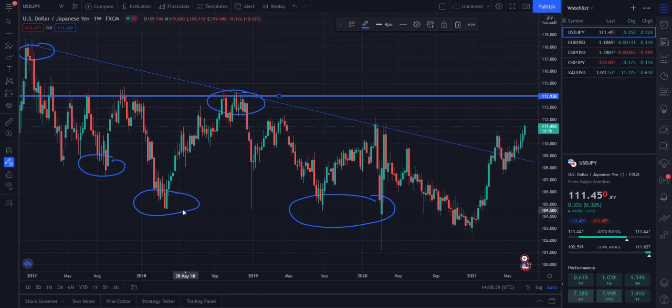So let's draw our support line. So this was support, and it has been acting as very strong support. And then people who bought from here definitely were able to gain profits here. If you had a deal here, a sell, and you found support, you could add more to your sell deal here, because the trend line helps you to add to your deal.